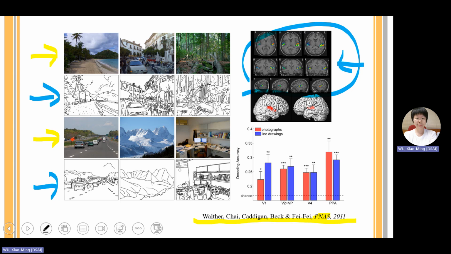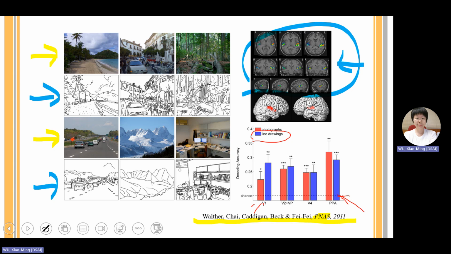Okay, and here the red one represents the classification result, the result predicting the categories using the fMRI data of the line drawings. And the other one presents the results of the prediction using real photographs.